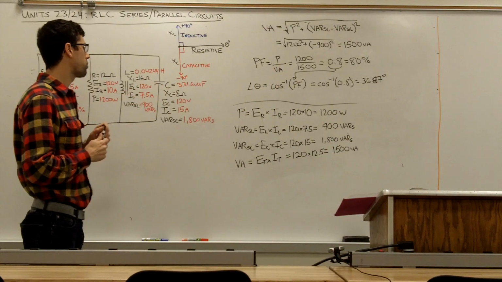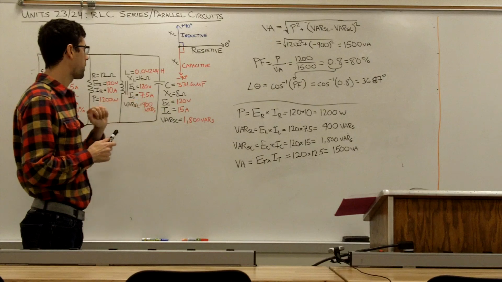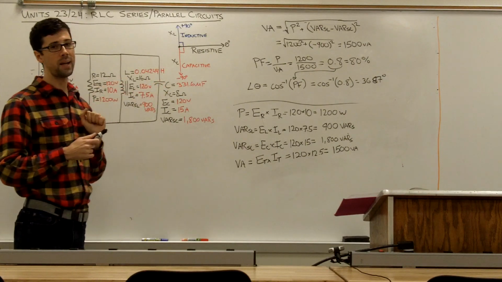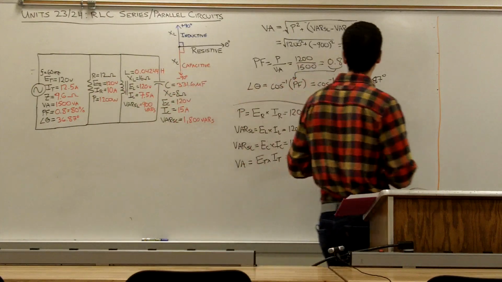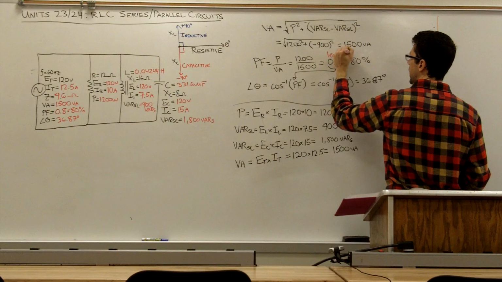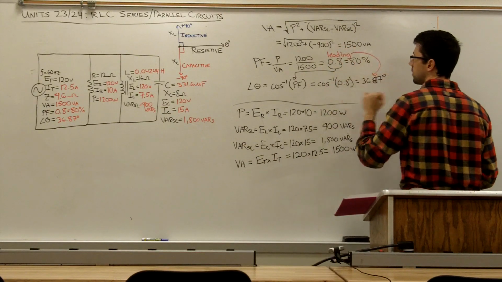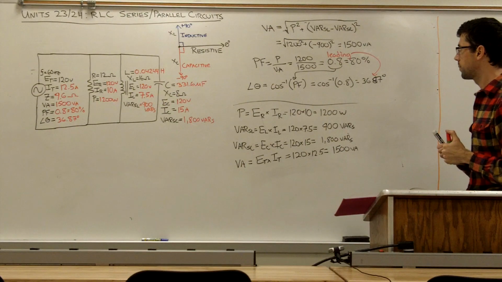The capacitor has a reactive power of 1800 bars. 1800 is of course greater than 900, so the circuit is more capacitive than it is inductive, which would mean that we have a leading power factor and a leading phase angle between voltage and current.